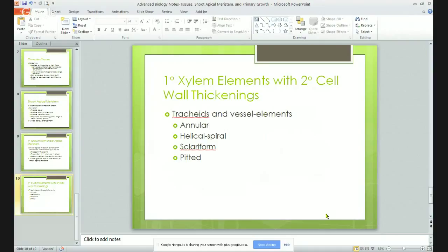So you can put a lot of cell thickening, not necessarily a pattern, but you've got to leave pit fields. And that's what that last one on the far right is, the sixth example, and that would be a pitted vessel element.